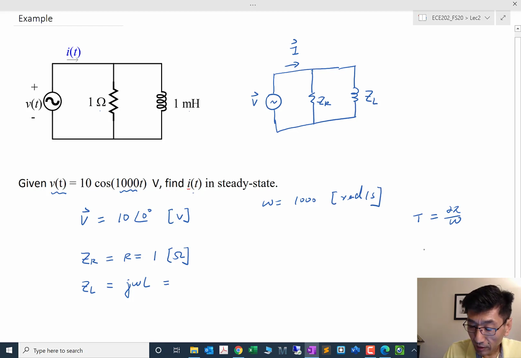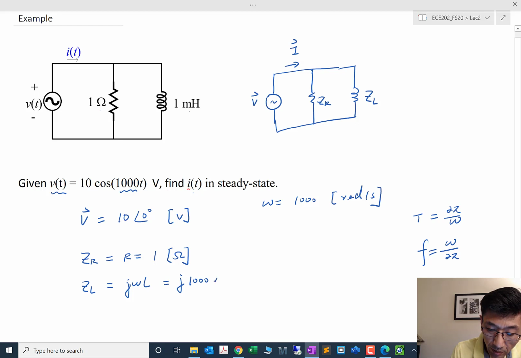Omega over 2 pi is f. Okay, omega over 2 pi is f. And this Z sub L is j omega L, which is j times 1,000 times the 1 millihenry, which is 0.001, which is j, right?